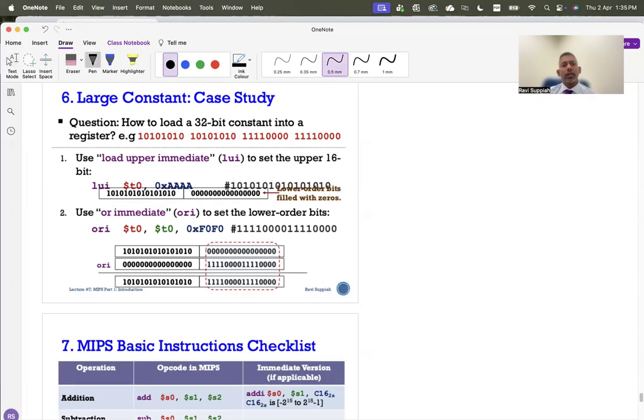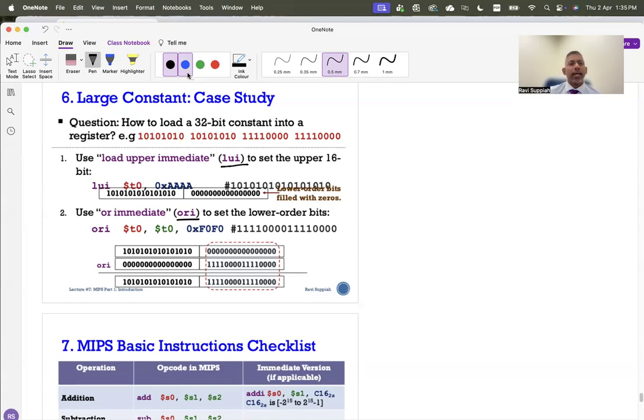In MIPS, we can load a 32-bit constant in two steps. One is load upper immediate, followed by OR immediate. What is load upper immediate? It means take whatever data and put it into the upper 16 bits first.